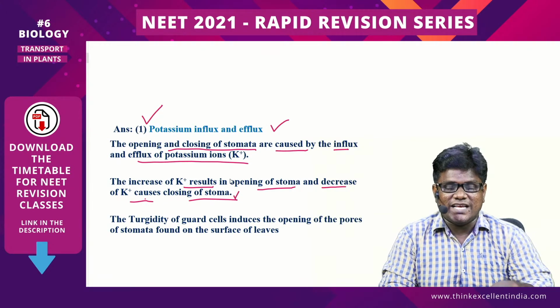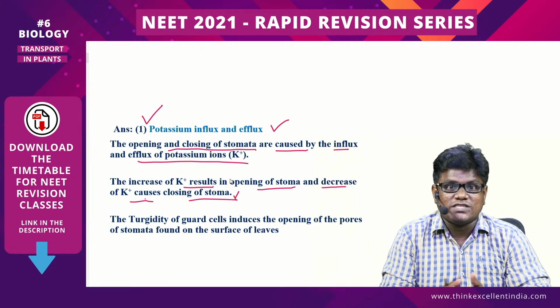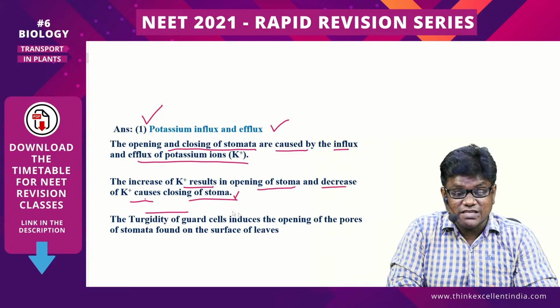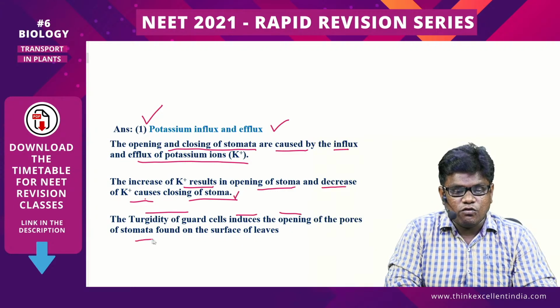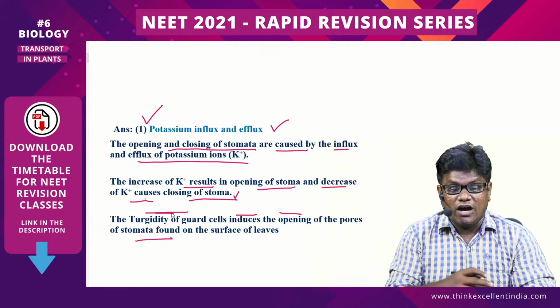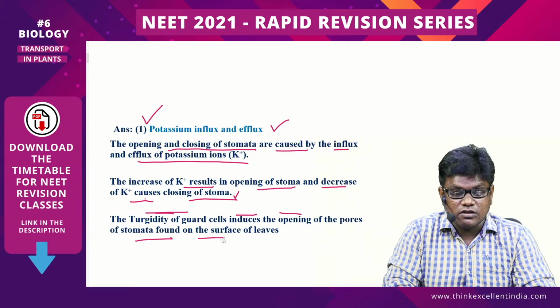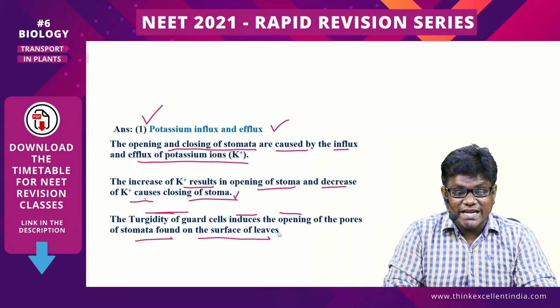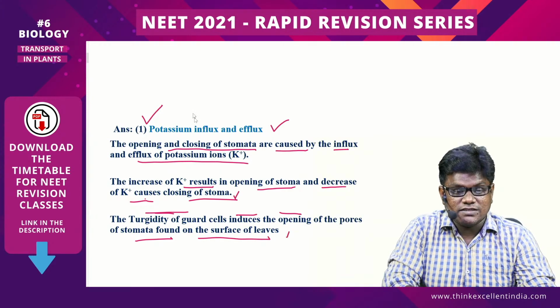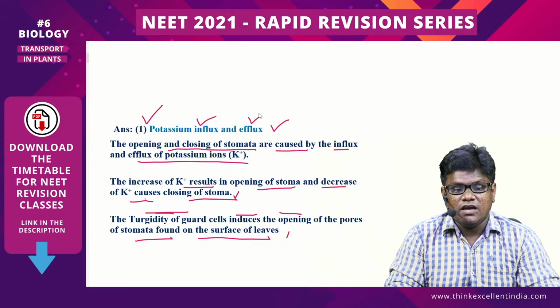Stoma is nothing but the center part of the stomatal pore which is getting closed and open, and turgidity of the cell also induces the opening of the pores of the stoma, which are found on the surface of the leaves. So here you can see the potassium influx and efflux is the right answer.